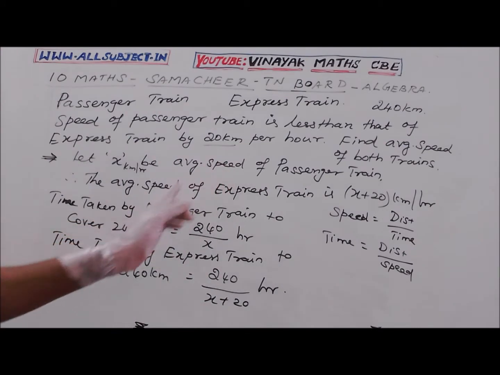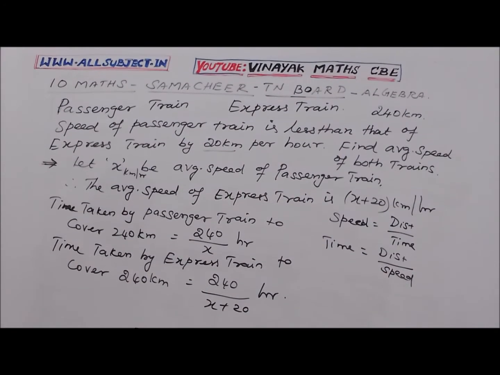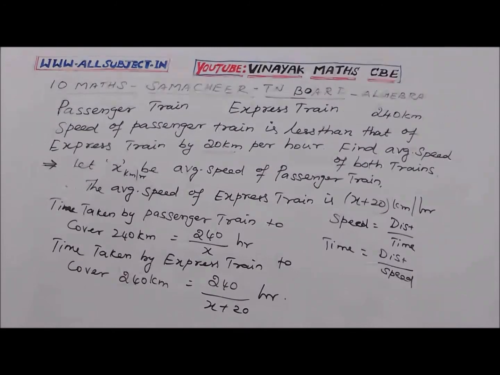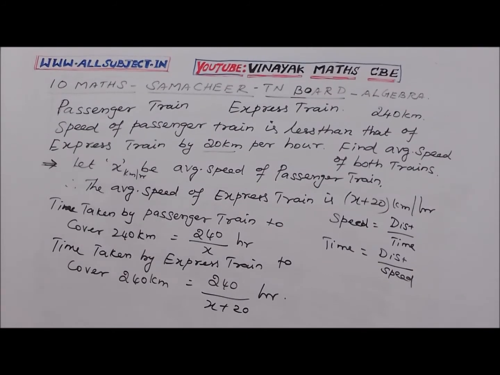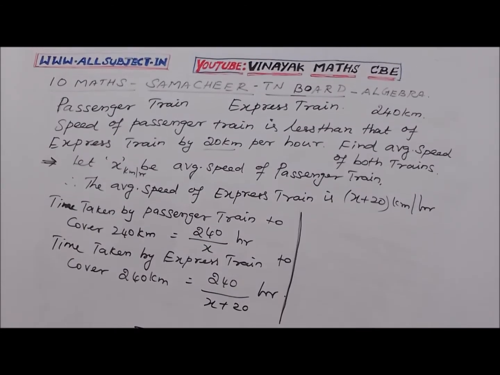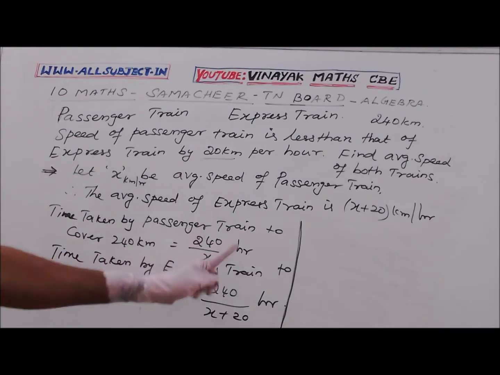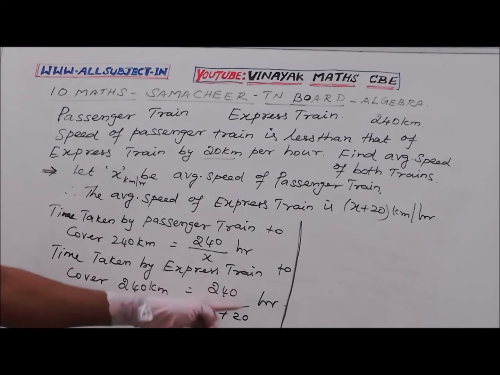Time taken by the passenger train to cover 240 kilometers is 240 by x hours, and by the express train is 240 by x plus 20 hours.